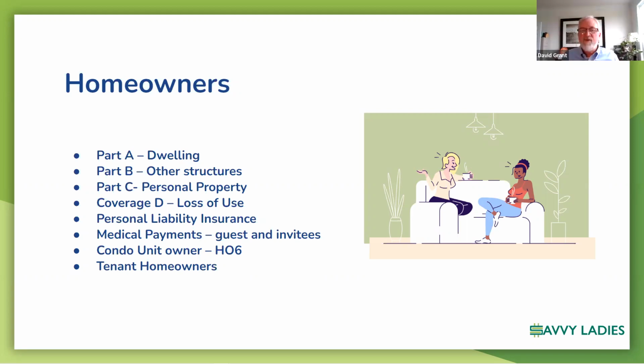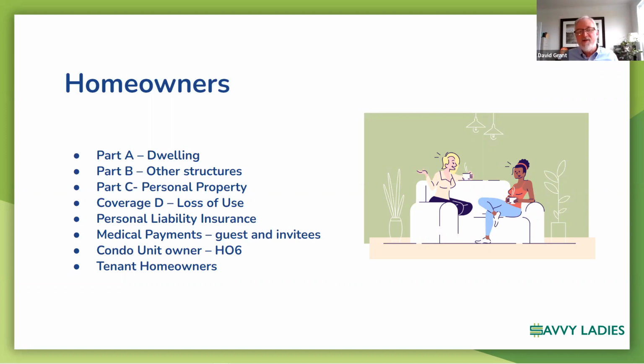You insure the value of your personal property and your loss of use of that property, and the liability coverage, which I was just alluding to. And many apartment complexes and other landlords are going to require that you have this coverage in place in order to rent from them.